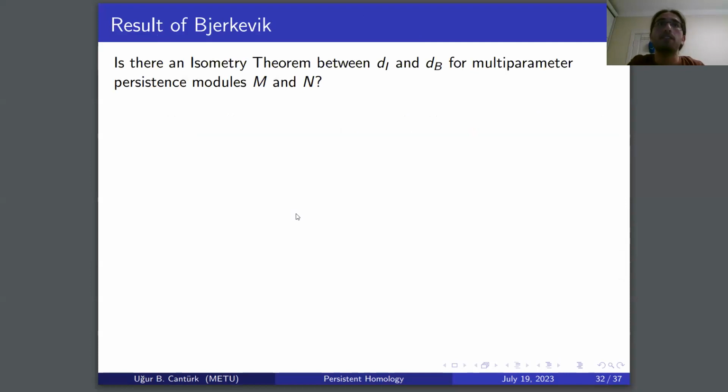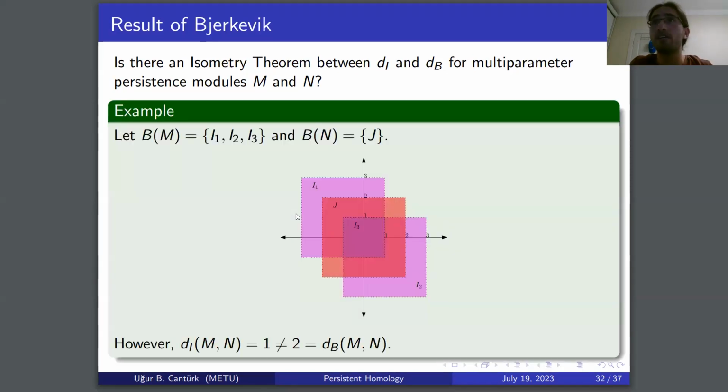And now, yes, we have a similar question. The isometry theorem means, in one parameter, the equivalence of interleaving and bottleneck distances. But we are asking right now: is it true for the multiparameter case? And the result of Bjerkevik says that if you take your barcode of M as I1, I2, I3, where I1 is this one, I2 is the purple one, I3 is the middle one, and J is the red one, as you can see.